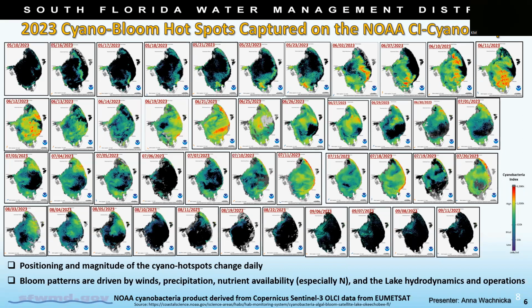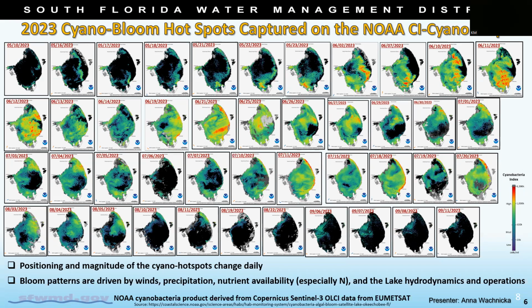But winds are really important, because remember, those are surface patterns. It's a large, shallow lake, with a depth on average of up to 2.5 meters, which is really, really shallow. So when we have windy conditions, that surface biomass will be moved around the lake. Sometimes we have prevailing winds, which actually happened during this year's bloom season.